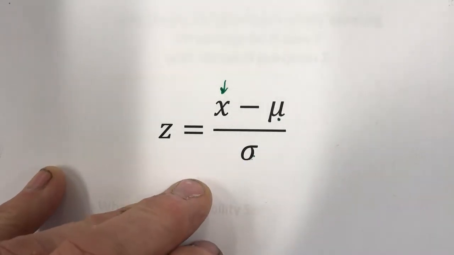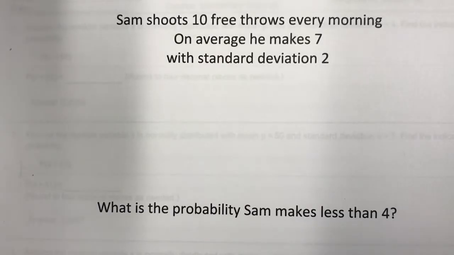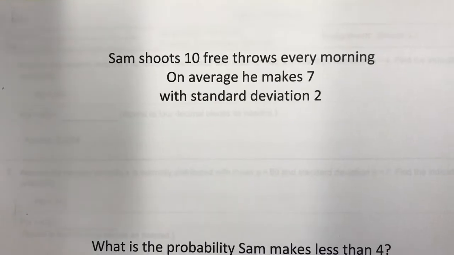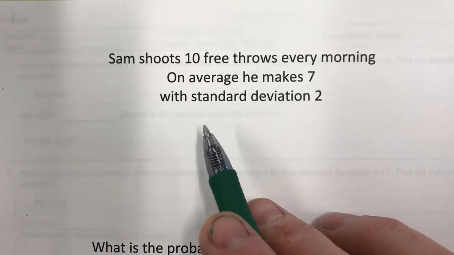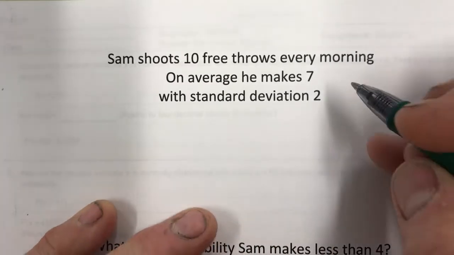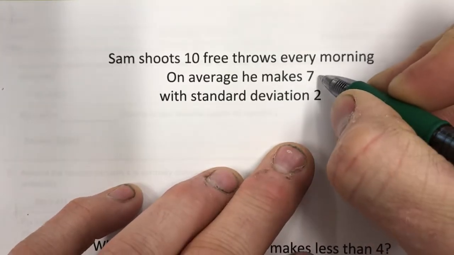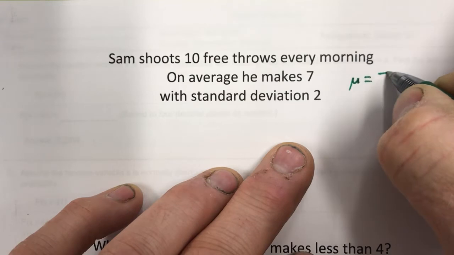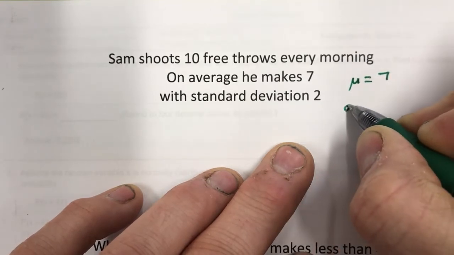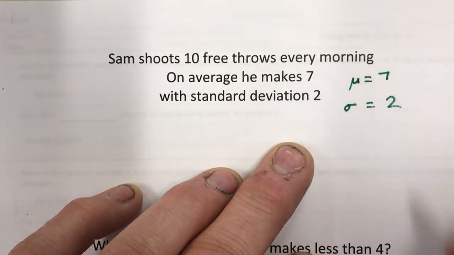All right, what does that mean? Well, here's an example. Sam shoots 10 free throws every morning. On average, he makes 7 with a standard deviation of 2. So on average, 7, that means my mu is 7, and my standard deviation is 2.